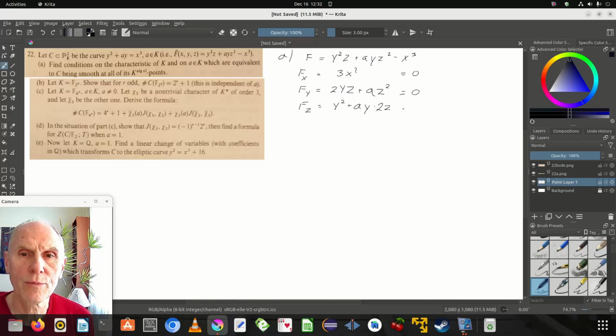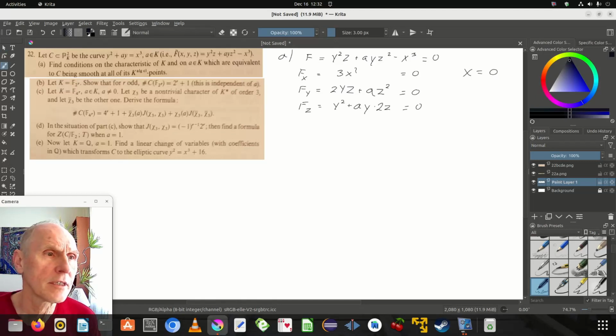So when do all these vanish? That's the question. This one gives x equals 0. Then we are done with x. Here we can put y in. We can set z, and here y outside the parenthesis.